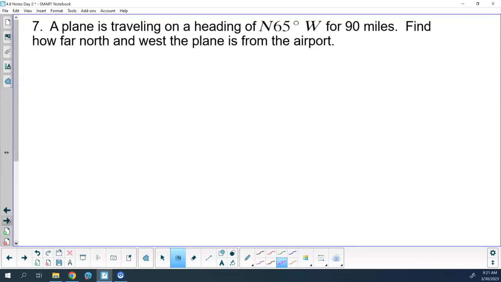Okay. Let's get a picture, then you guys get to do. So it's traveling north 65 degrees west. Is that up and left, up and right, down and left, down and right? Up and left. Do we agree with up and left? Okay. So our plane is flying up and left.